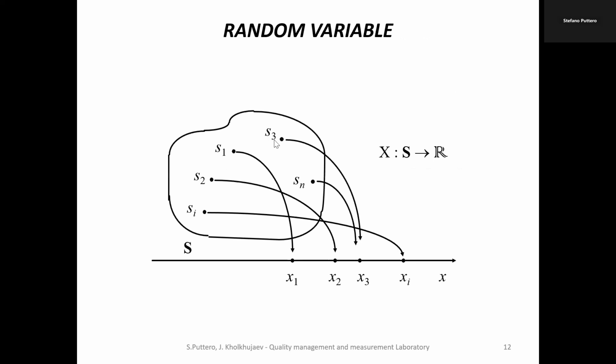This is the definition of random variable: a variable that associates to the events inside the sample space S a value on the set of real numbers.